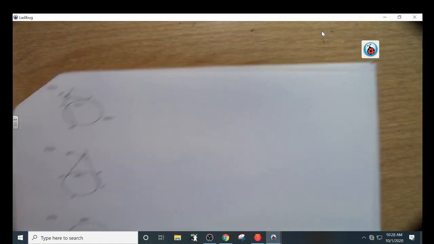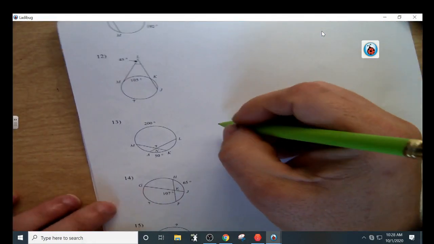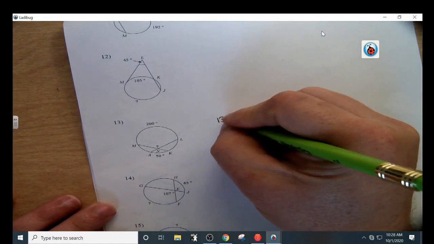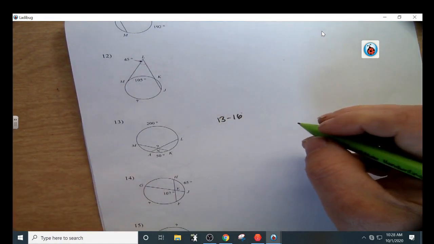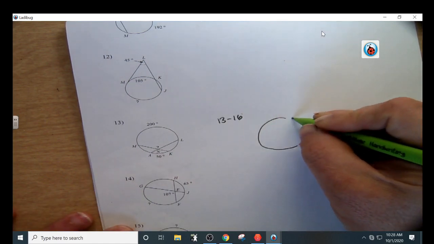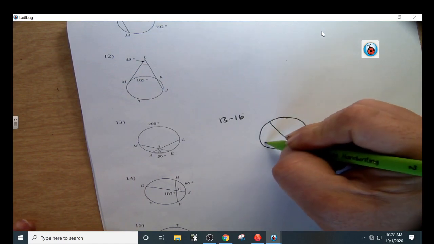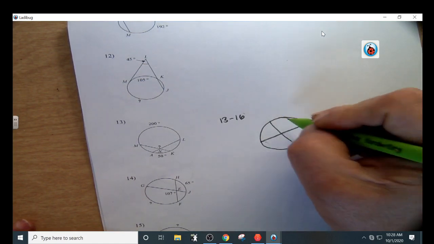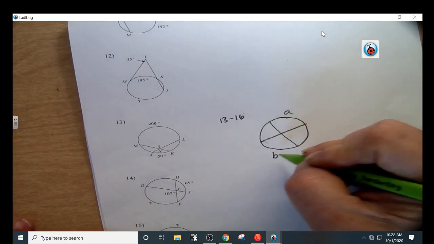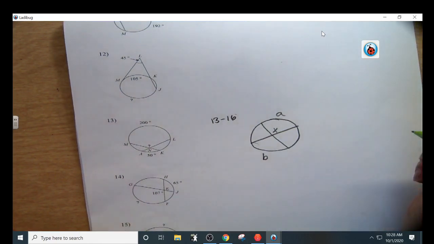Okay, so for 13 through 16, we've got a circle. Now, here's your formula.